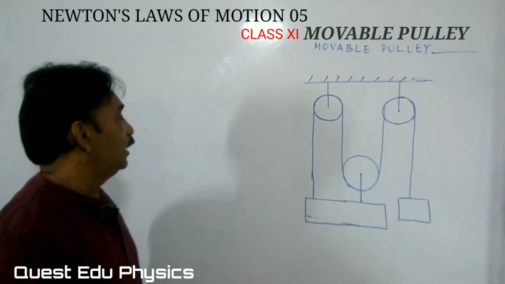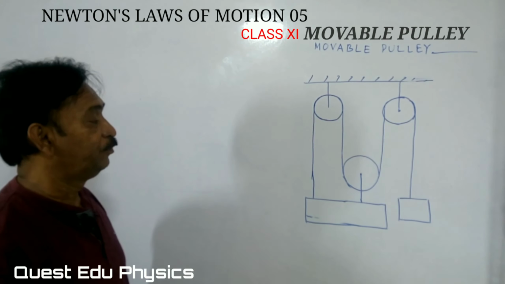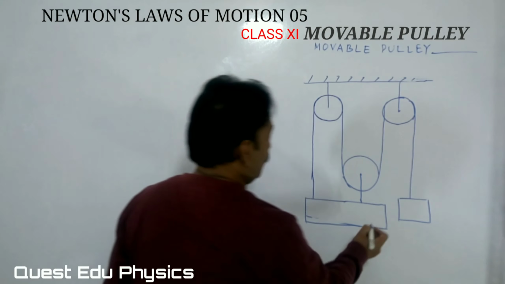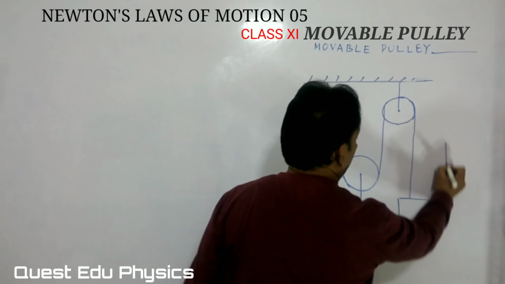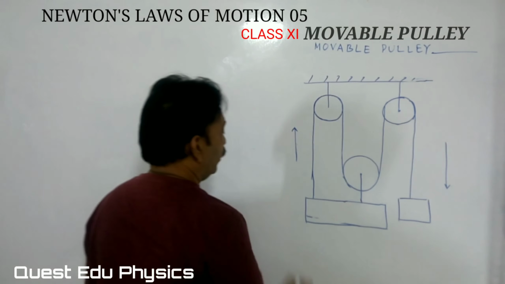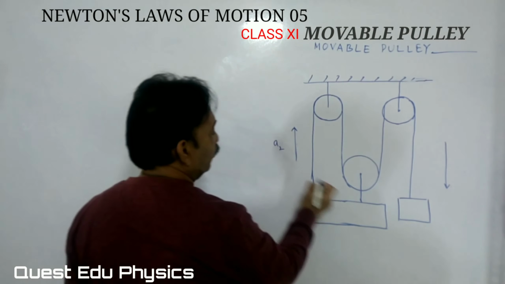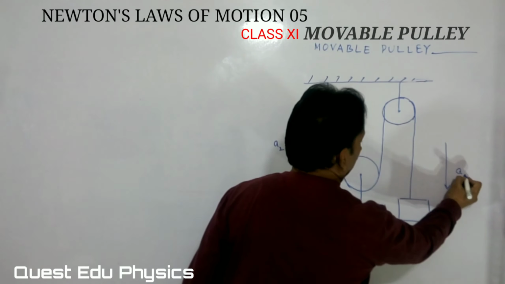Okay, students, the same principle we are using here. Say it is raising up and it is raising down. Let's say it has an acceleration of a2 and it is a1.